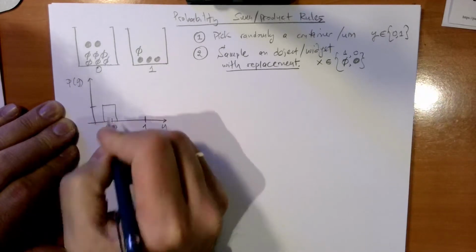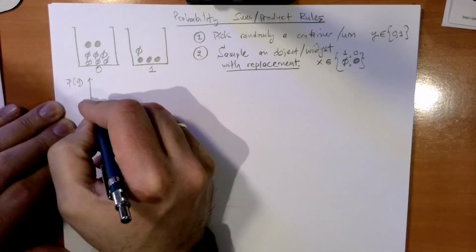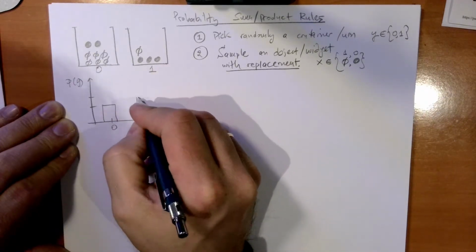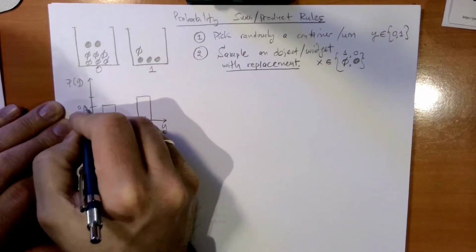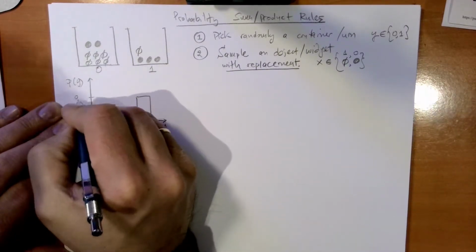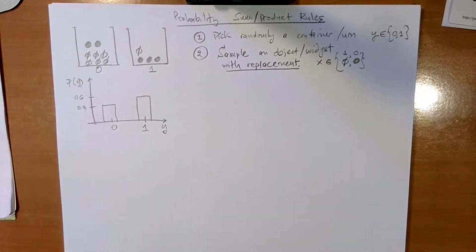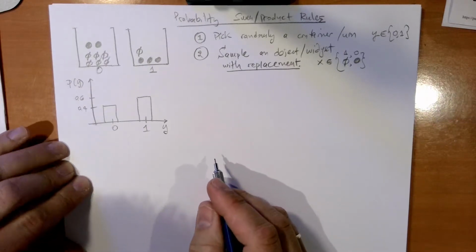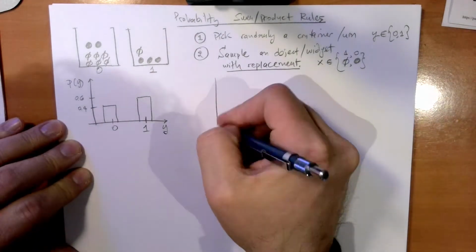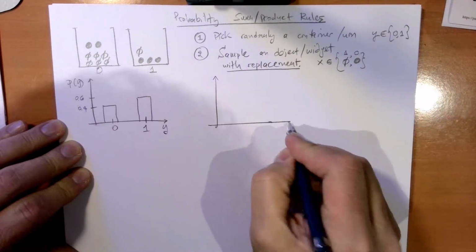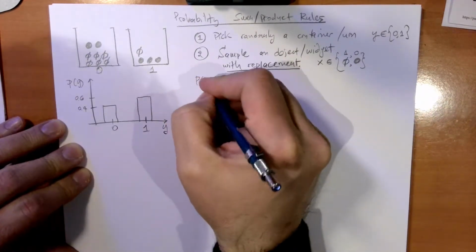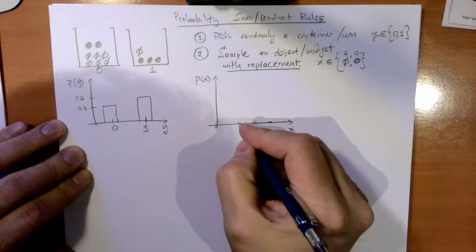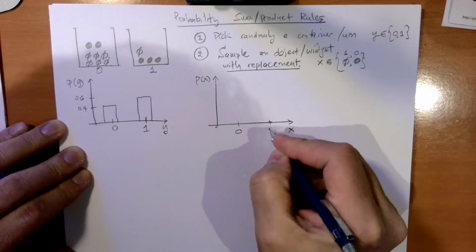Let's assume that the probability of selecting container 0 is 40%, and the probability of selecting container 1 is 60%, because, being a probability distribution, the sum should be equal to 1.0. Then you are asked to plot the probability distribution for x, which is also discrete in this case, so it's 0 and 1.